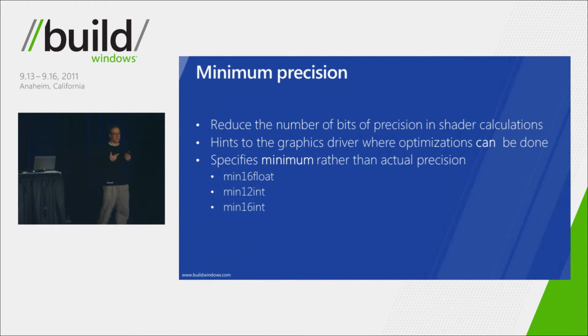In some architectures, it's possible that those have been done in a way that's vectorizable, and they can split them into 16 bits at a time. And so what we've added is the ability to give hints to the operating system that the computations you're doing can actually be done in less precision.